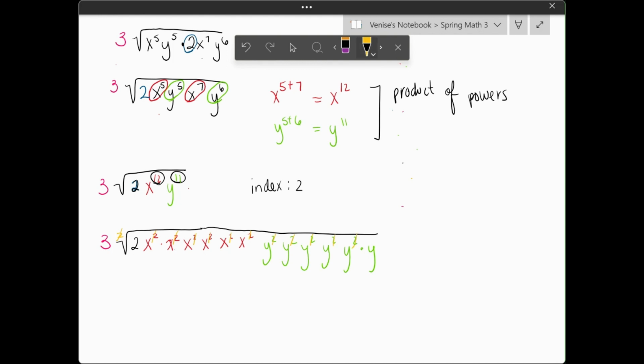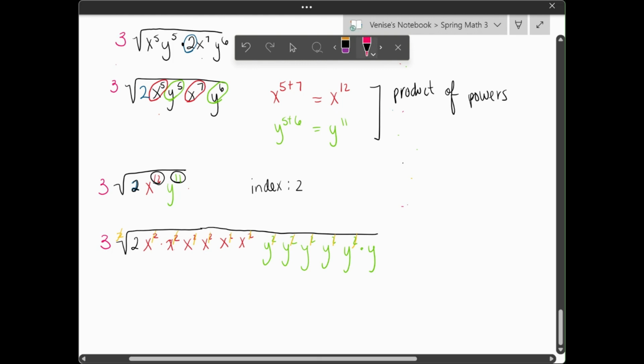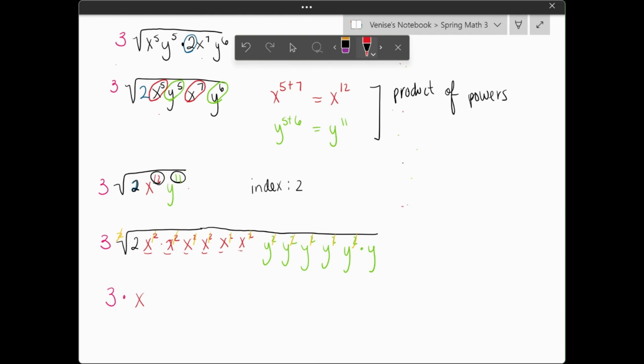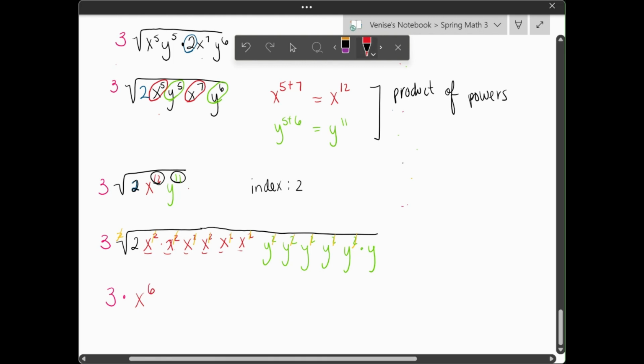So I am left with 3 times x, so we have 1, 2, 3, 4, 5, 6, x to the 6th power, times y to the 1, 2, 3, 4, 5.